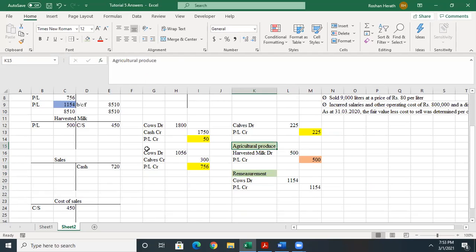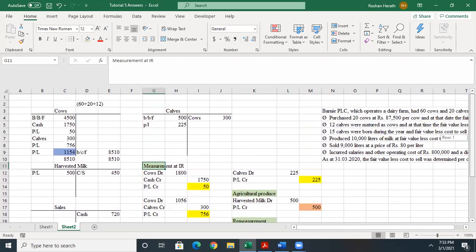And this is about the measurement at initial recognition. Right. So that's it. So this is a remeasurement of cows, and we have witnessed that there's a gain.